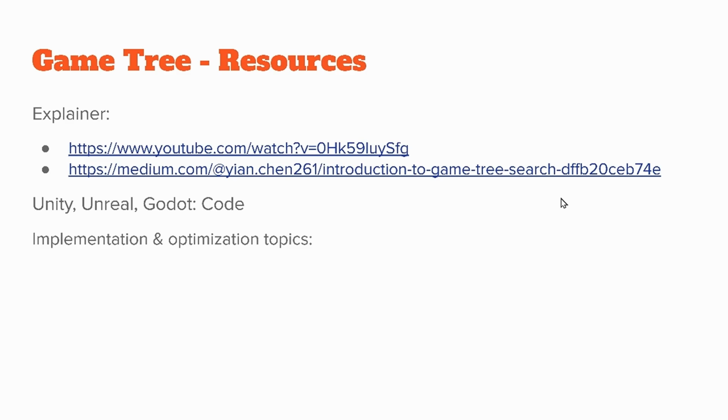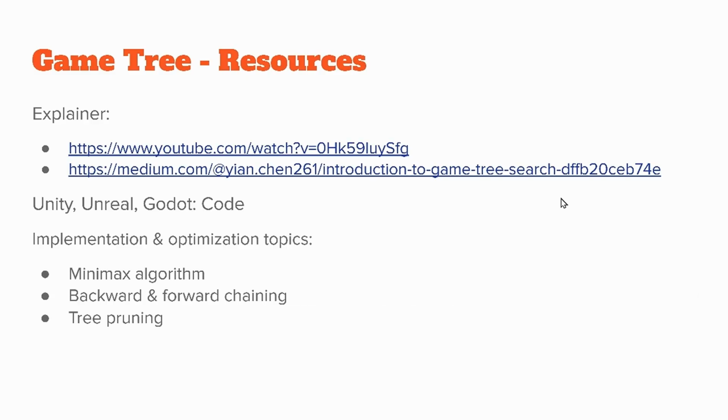In fact, this first YouTube video here, she does a fantastic job of explaining game trees. So if you are doing any kind of board game, that is definitely the video to watch. Nice and simple, easy to understand. And I'm putting just some terms here so that you'd be familiar with different ways of analyzing and optimizing your game trees.